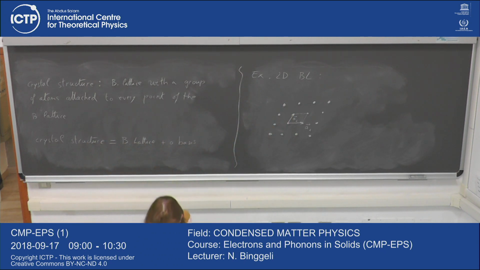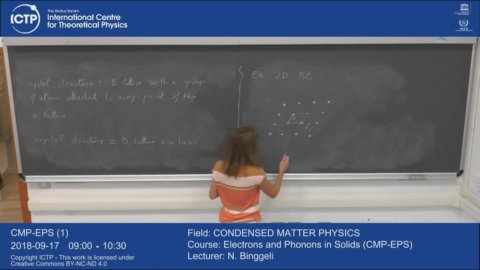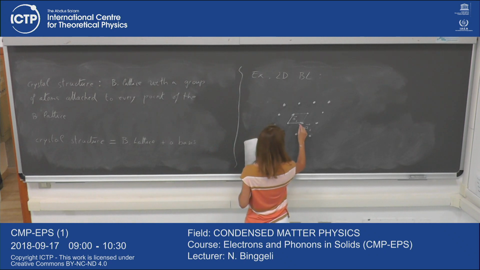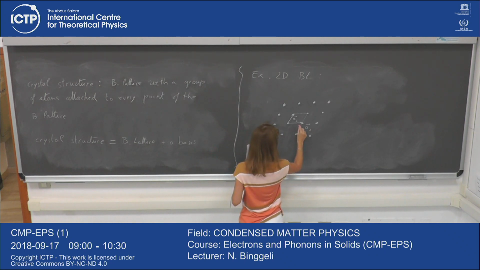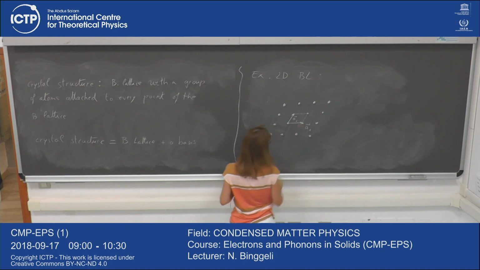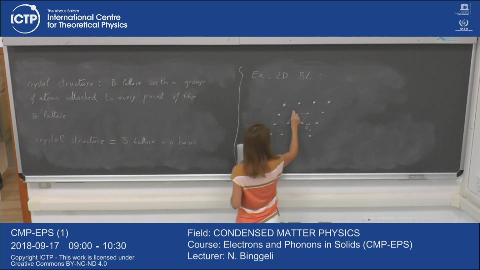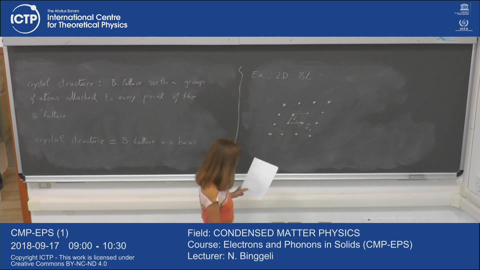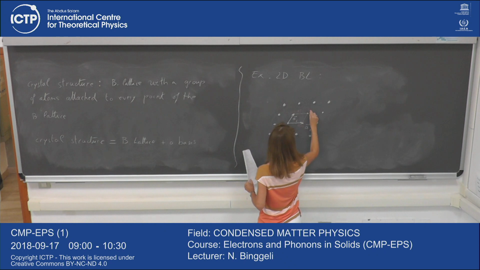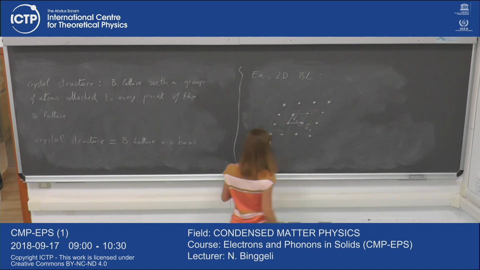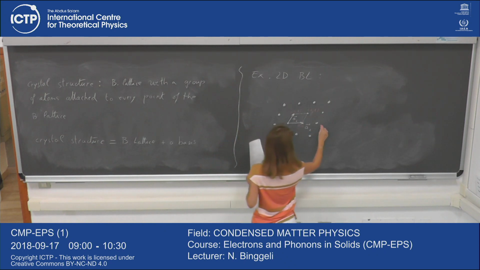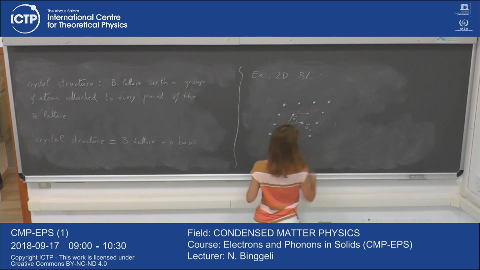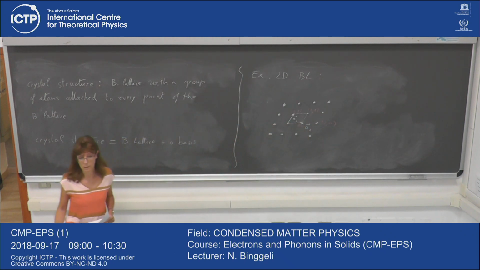This is my two-dimensional Bravais lattice. So if I put the n1, n2, I have here 1 times a1, 0 times a2, 0 times a2, 1 times a1, 1 times a1, 1 times a2, 2 times a1, 0 times a2, and so on.